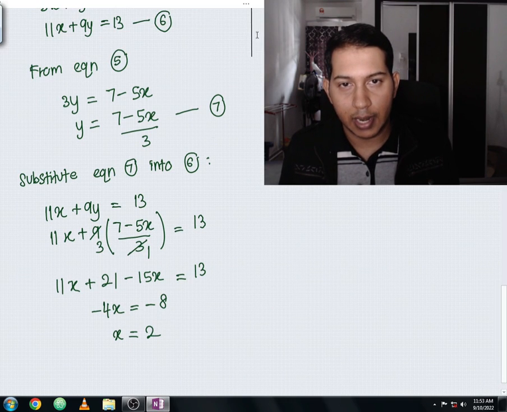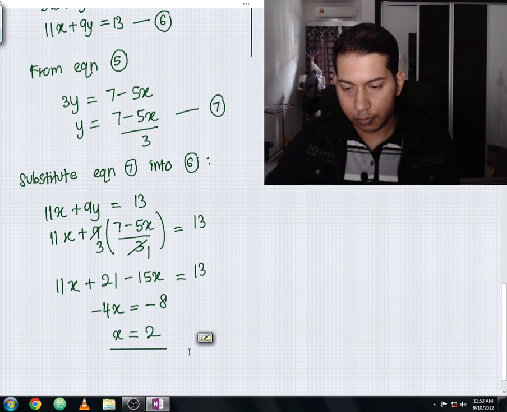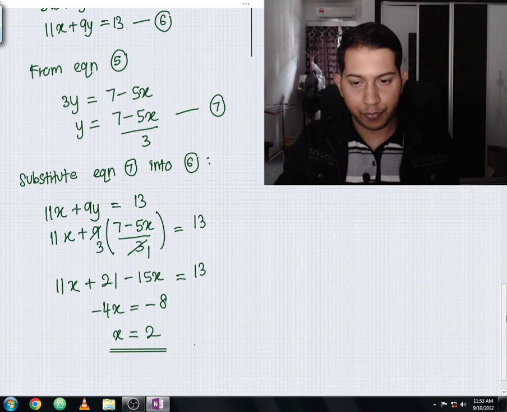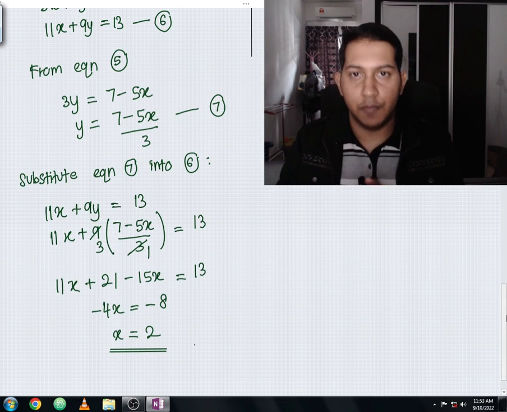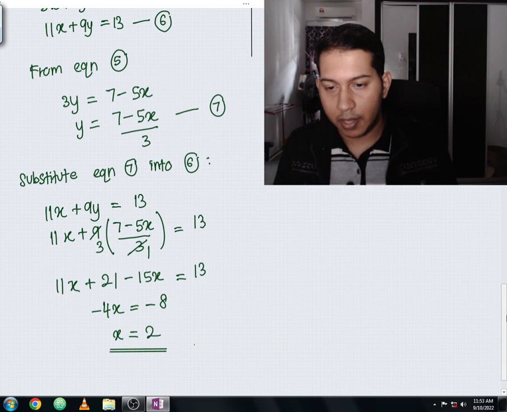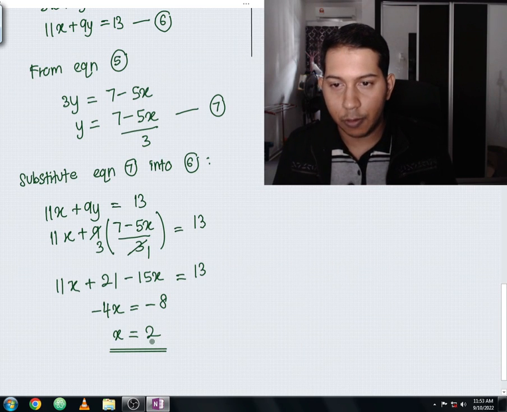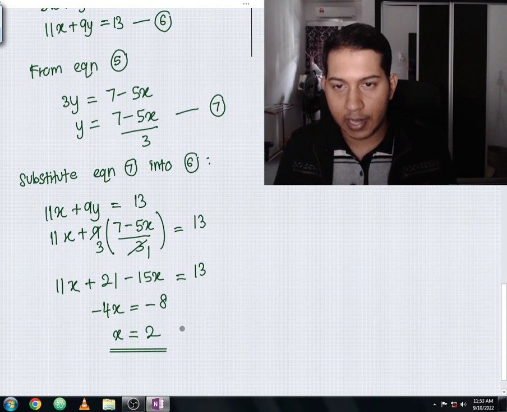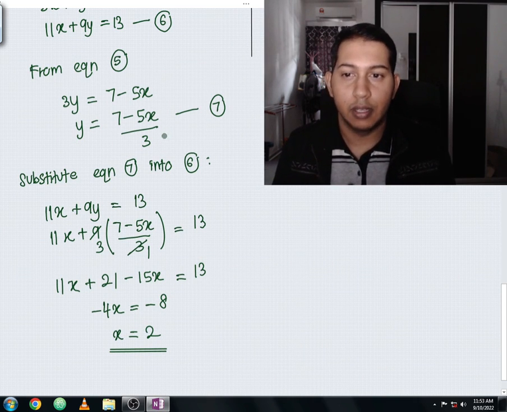So let me underline this. We have already got our first solution. Now once you get your x value, it will be very easy to find our y value. Using this x value you can substitute back into equation 7.